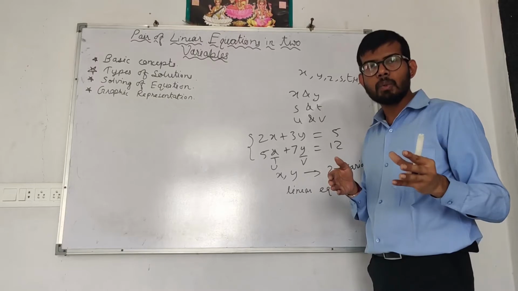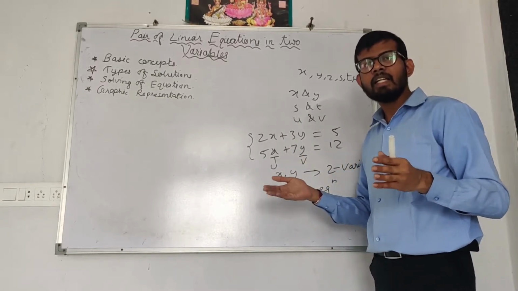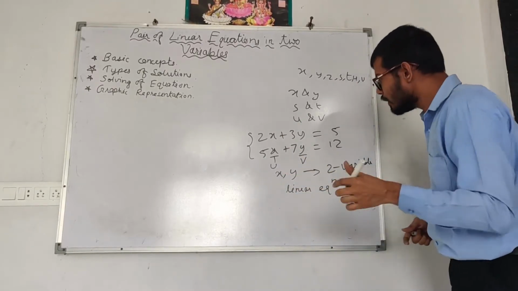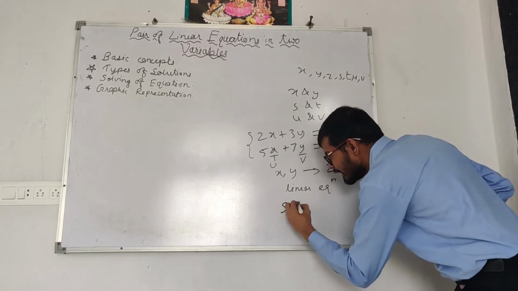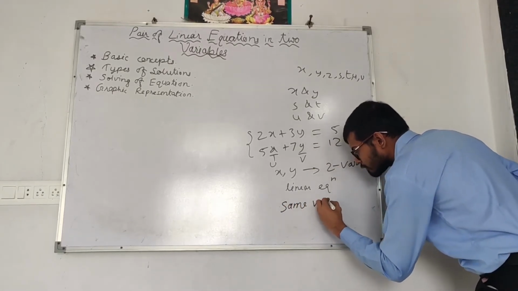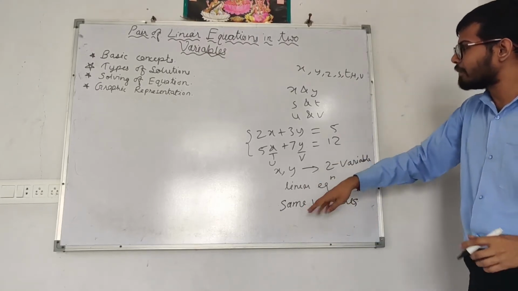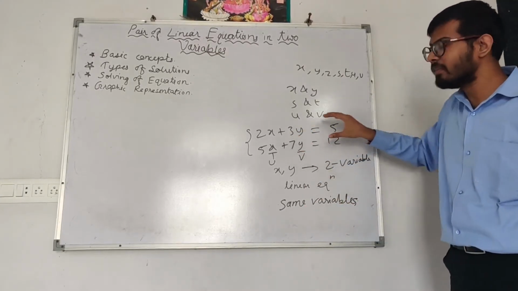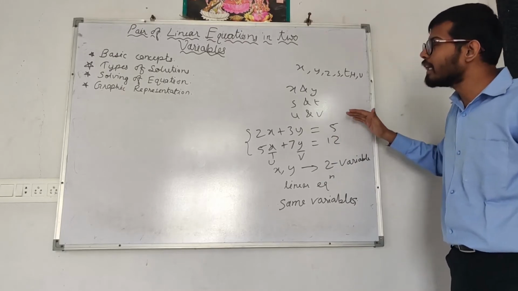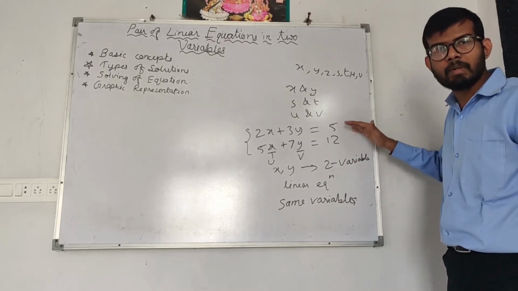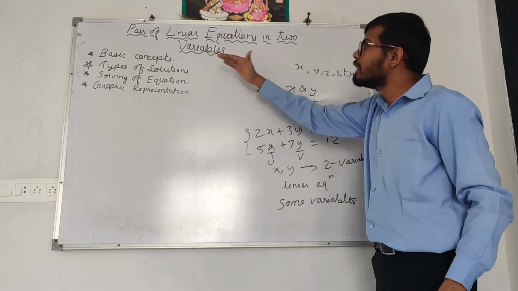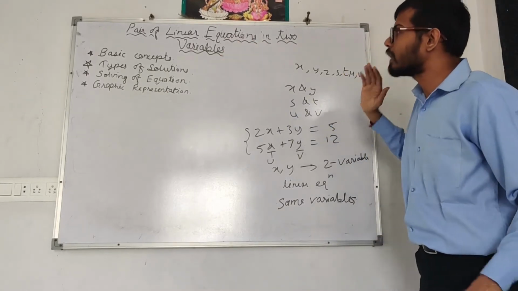If you have one shoe and another sandal, then it cannot be considered a pair. So, they should have the same variables. From these three statements, you can identify whether the given two equations are a pair of linear equations in two variables or not. These were the basic concepts of this chapter.